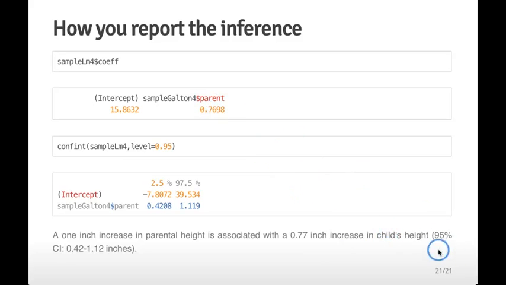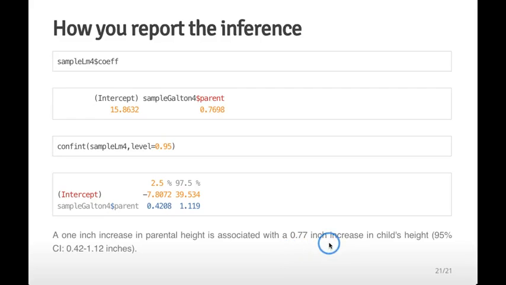And then it has a 95% confidence interval of 0.42 to 1.12 inches, and that comes from this confidence interval for the slope here. And so what we're saying is that these are the boundaries of the confidence interval that we have for our parameter of interest. In other words, the increase in child height for a specific unit increase in parent's height.